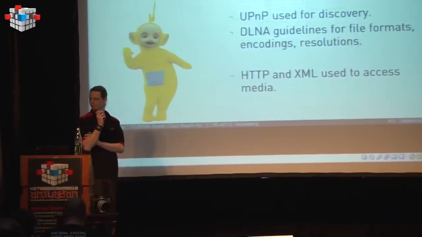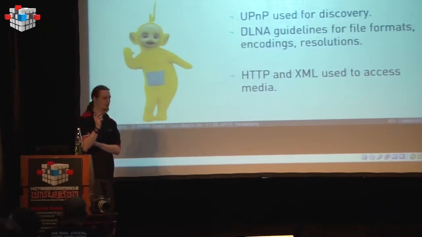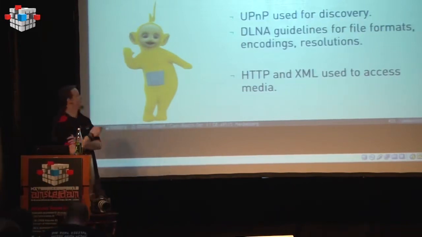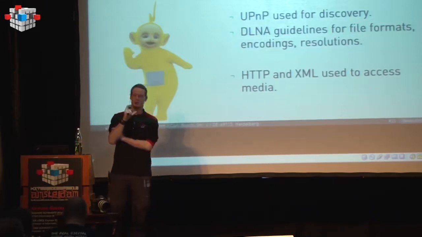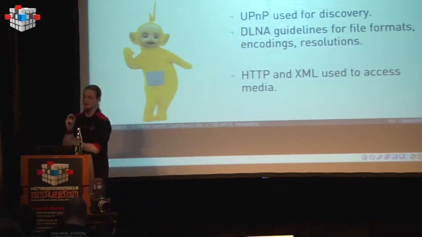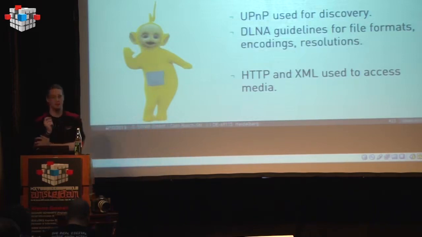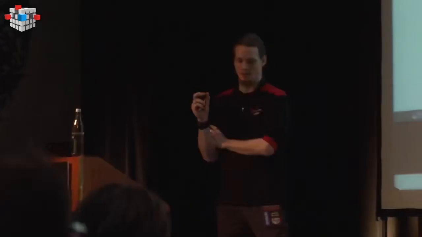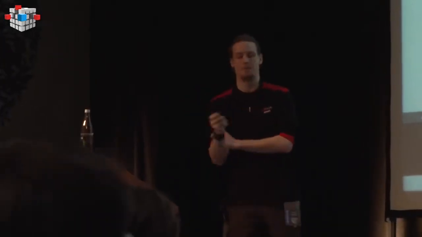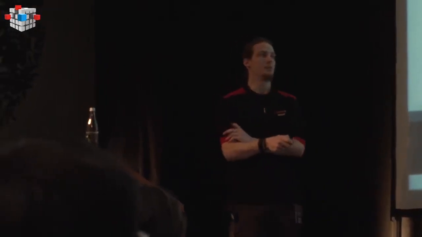Then, what the hell? Then DLNA also defines guidelines for file formats, encodings, and resolution. So maybe if your TV is DLNA compliant in any way, it supports some specified file formats, let's say like JPEG or MPEG files, and also in specific resolutions.